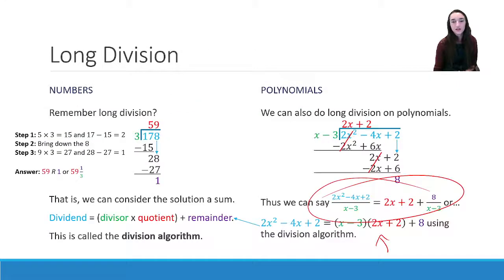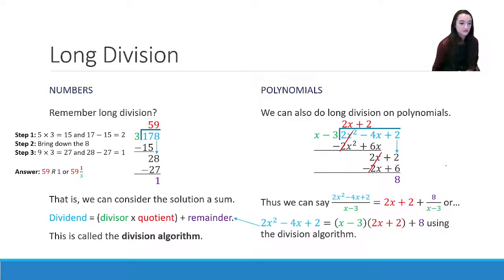Essentially, it's saying we're taking a situation where we have a dividend that is a higher degree than our divisor. So right here, the 2x squared minus 4x plus 2 is a higher degree on top than on the bottom. So that's what allows us to do division.